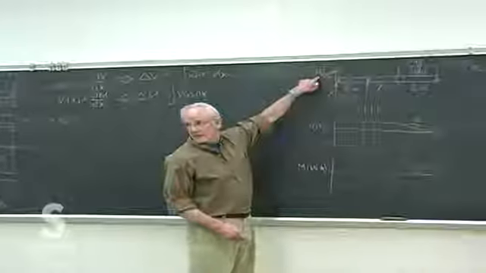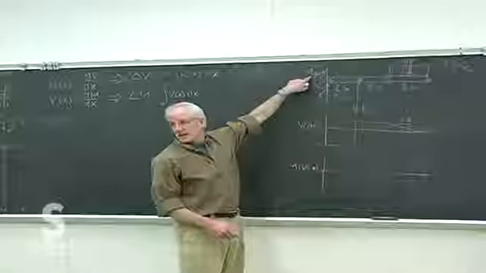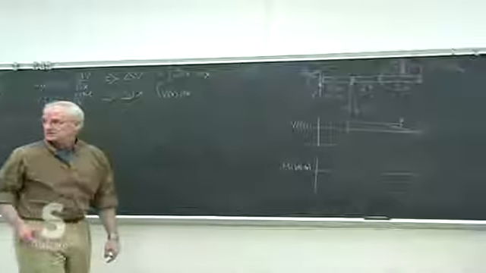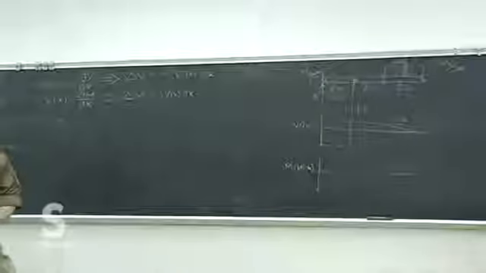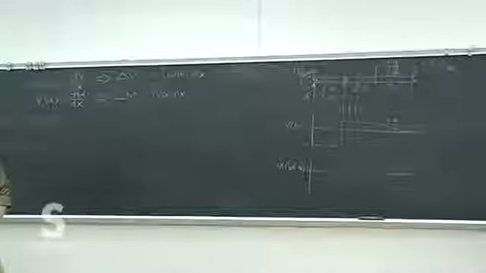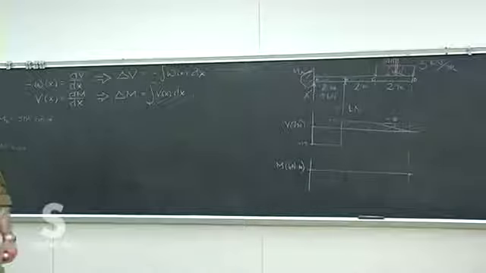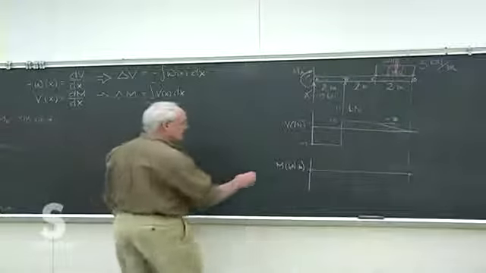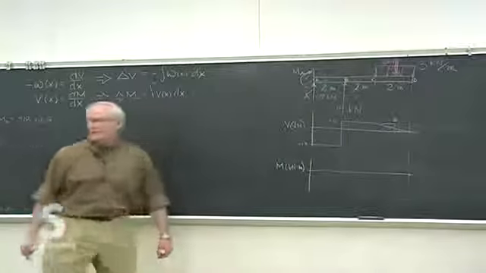What do you have for the moment supplied by the wall, the reaction supplied by the wall? You're going to need that. That's going to give us the starting point on the moment diagram.